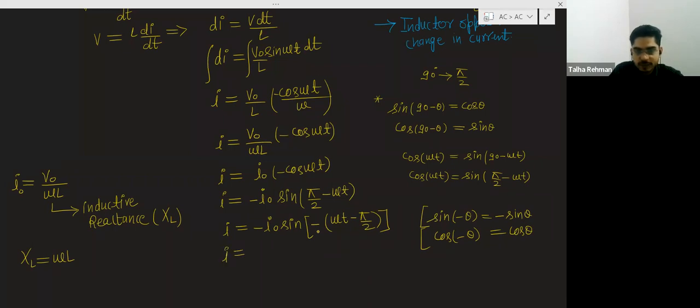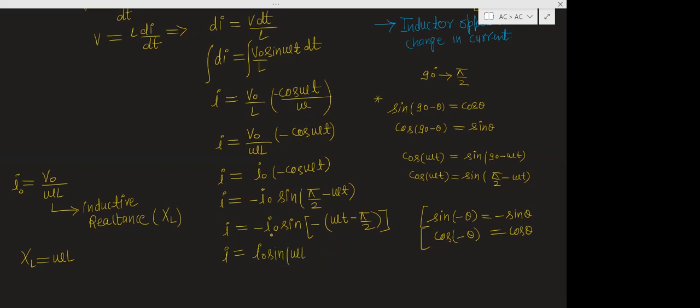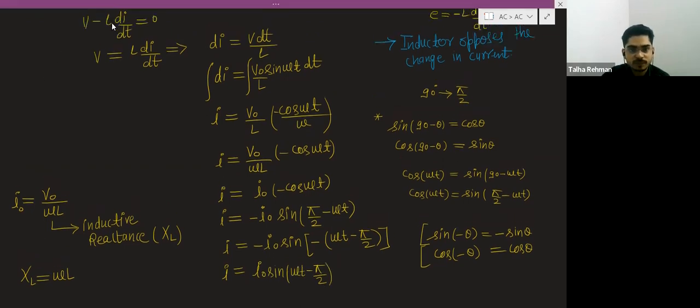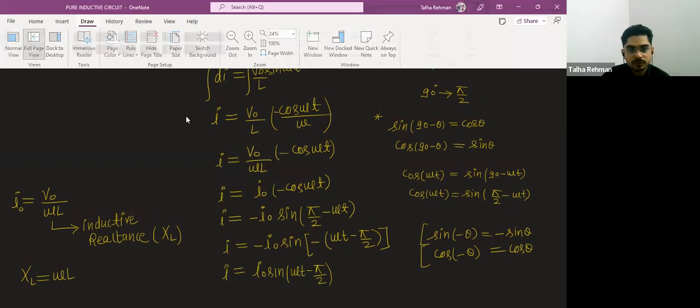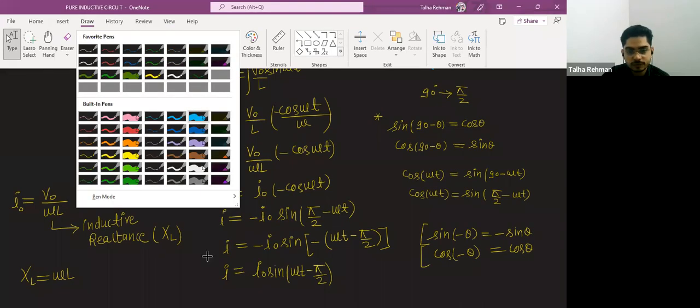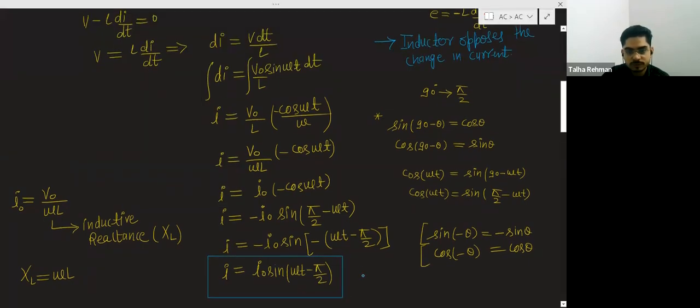You will get another minus sign: minus sine of omega t minus pi by 2, and minus minus becomes plus. So you can write I is equal to I naught sine of omega t minus pi by 2. This is the final equation of the current you will get.